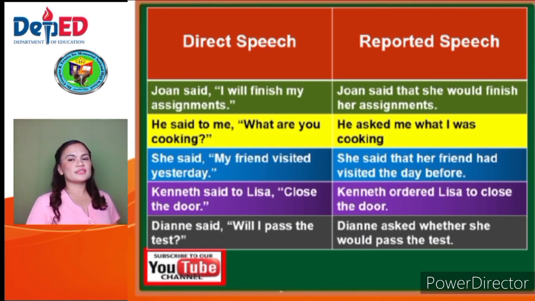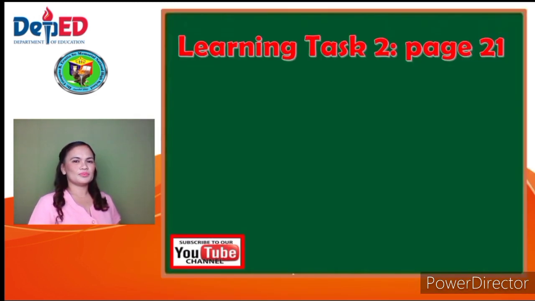After skimming the examples given on the table, have you noticed the difference in how direct speech and reported speech are written? Yes, their structure is totally different. But before we discuss what changes occur when we transform direct speech to indirect speech and vice versa, let us first have another activity. This time, we will check if you can recognize direct speech from indirect speech.